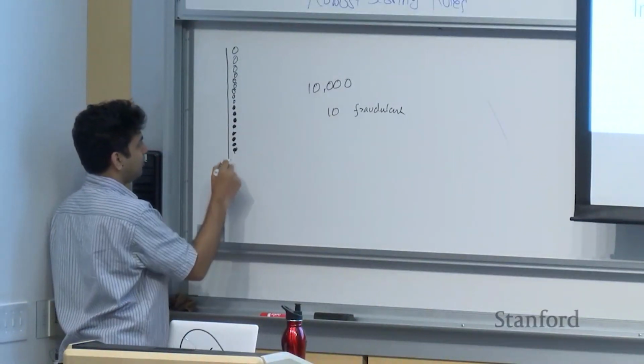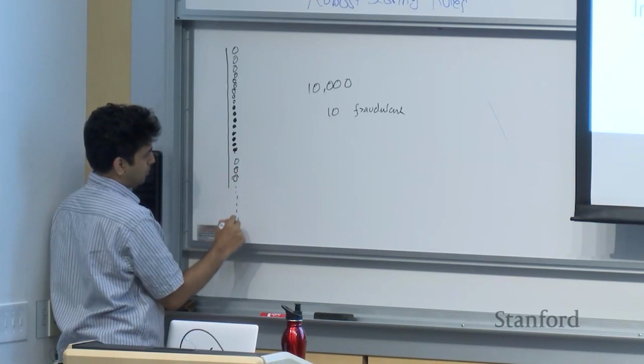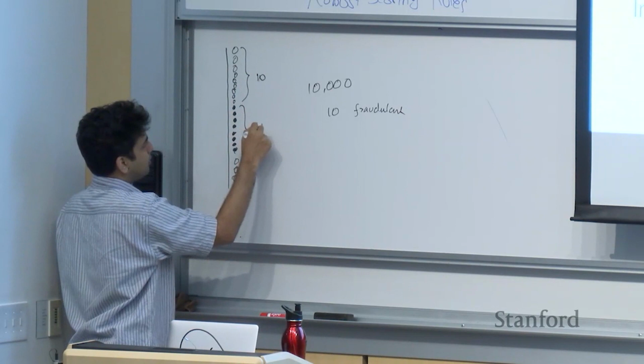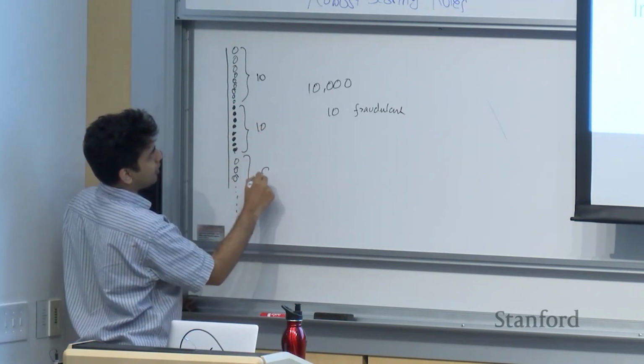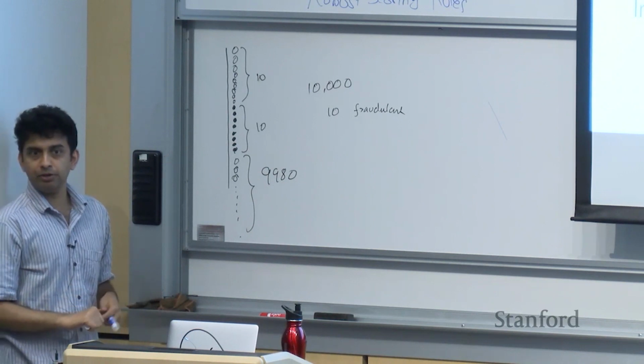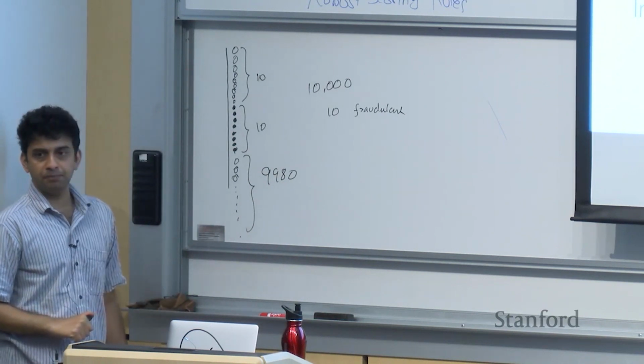Whatever, assume there are 10 here, and then you have all the good examples. So this is the first 10, the next 10, and the remaining 9,980. Let's say your model ranks them in this way.